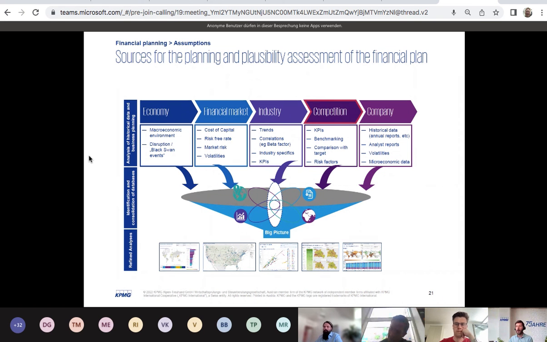Because for your companies, you will find a lot of data. You will find a lot of reports, industry reports, analyst reports, historical reports, company data, and so on. And there it's really important to focus on the most important things and keep the big picture in mind.